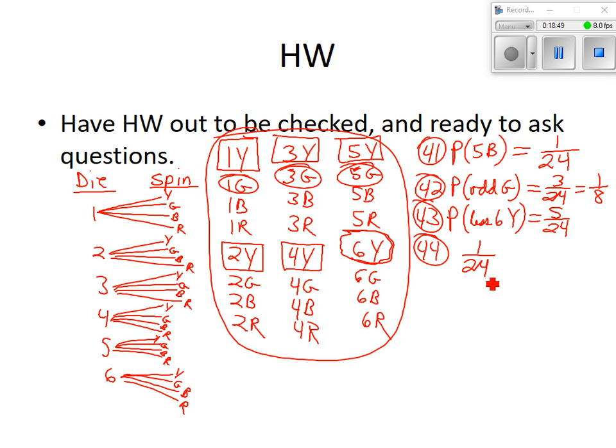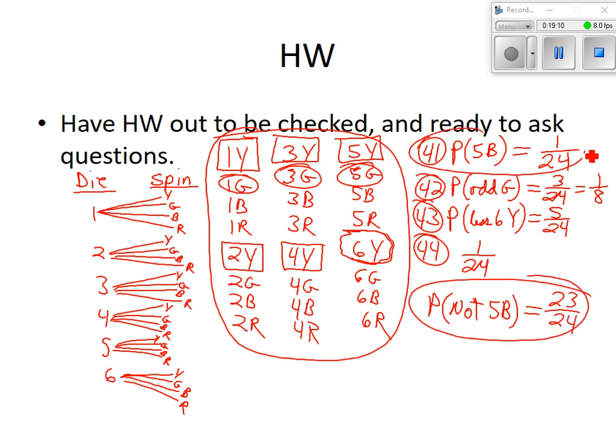What's the probability, this isn't on there, but what's the probability of not getting 5B? 23 out of 24. And this event would be complements of each other.